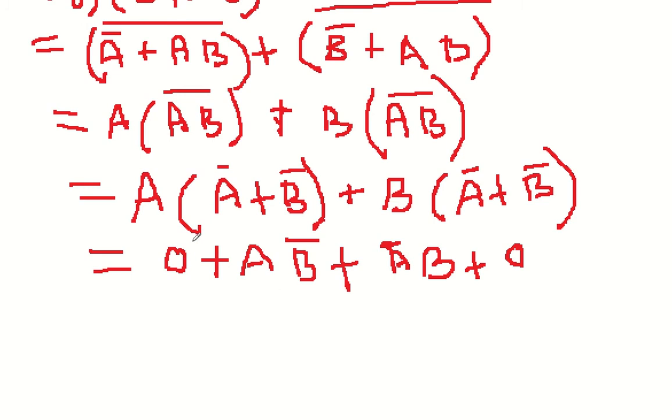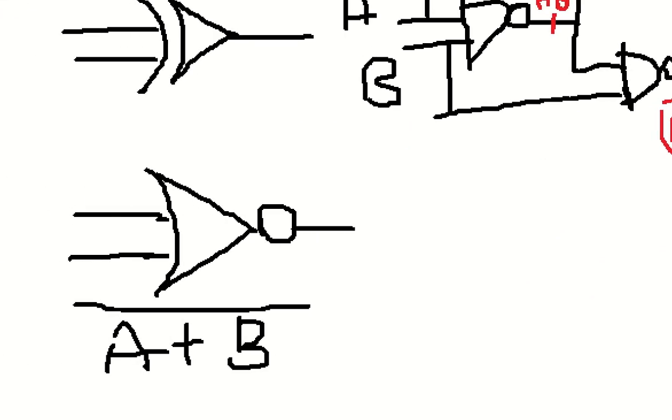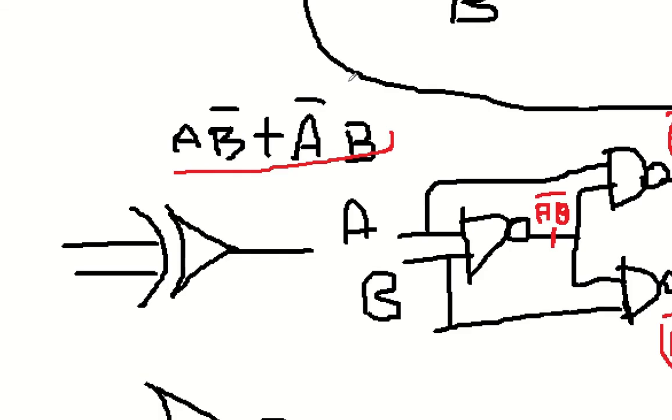So now in the next line, if you cross out the zeros, you are getting A B bar plus A bar B, which is equivalent to your given main equation that you have decided previously, isn't it?